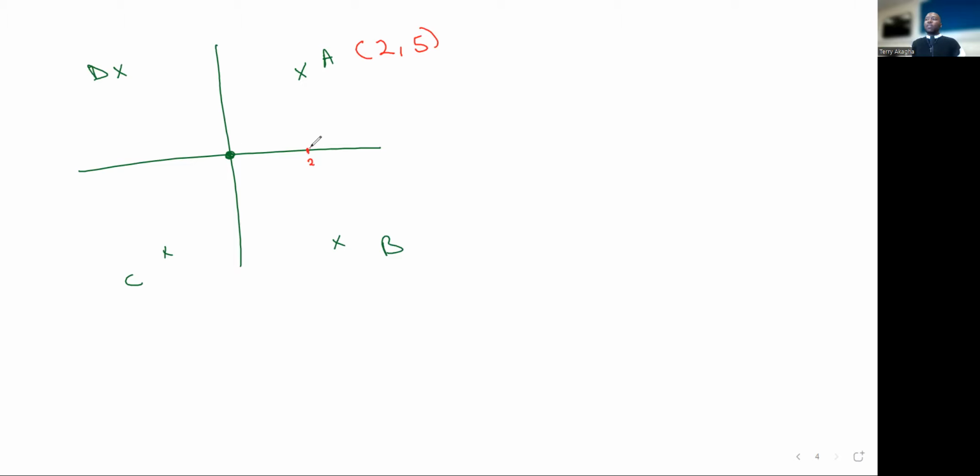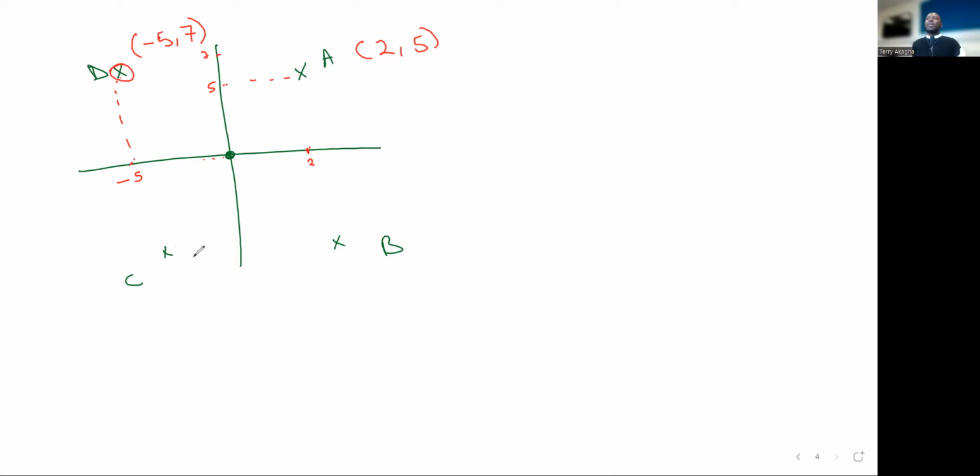Then when you move 2 to the right, go 5 units up, and you're going to meet what? A. Are you seeing it? Now, when you're told that D is minus 5 and 7, what it means is move 5 units to the left. Are you seeing it? Then move 7 units what? Up. Then you're going to meet what?